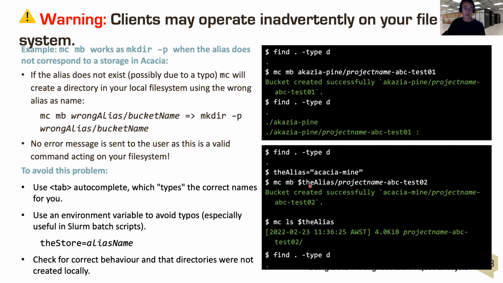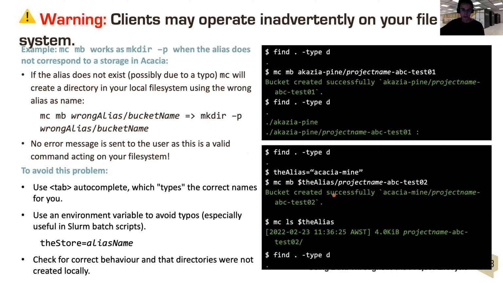And if, for example, you mistype the name of the variable, and that variable doesn't exist, then MC will be trying to create a directory in the root of the file system. In the case of Pawsey file systems, that will give you an error.